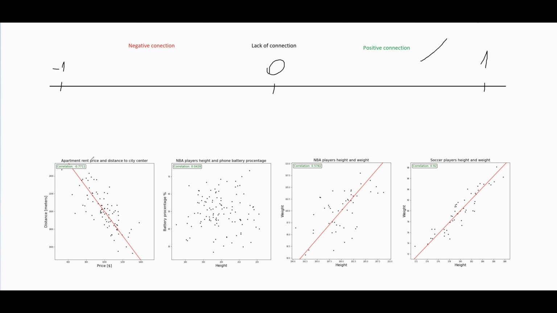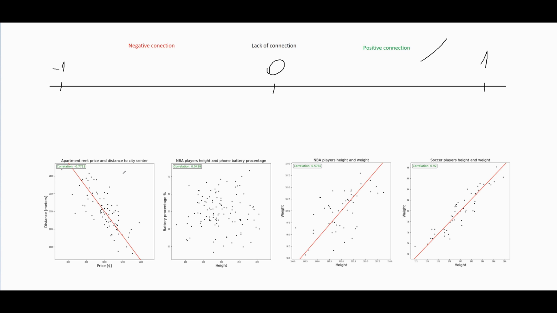In this case, when we have apartment rent price and distance to the city center, we all know that the closer we are to the city center, the more expensive is the apartment because it's a better placement of that apartment. And we can see a negative correlation, -0.77. Because if the price goes up, the distance goes down, okay?